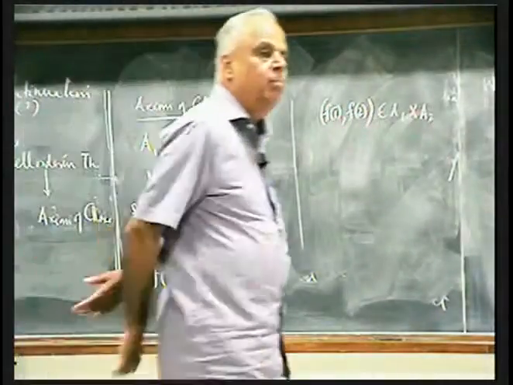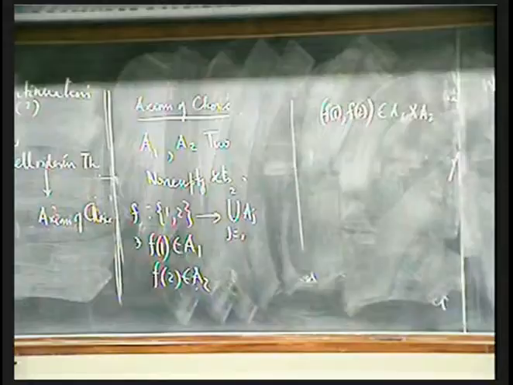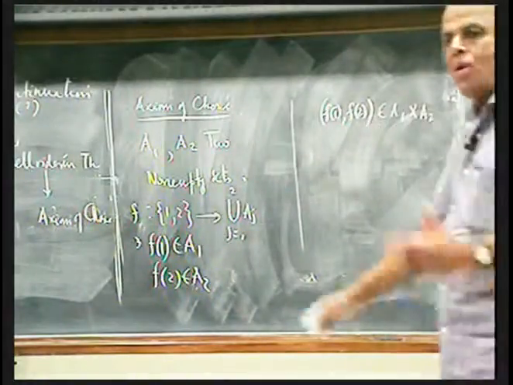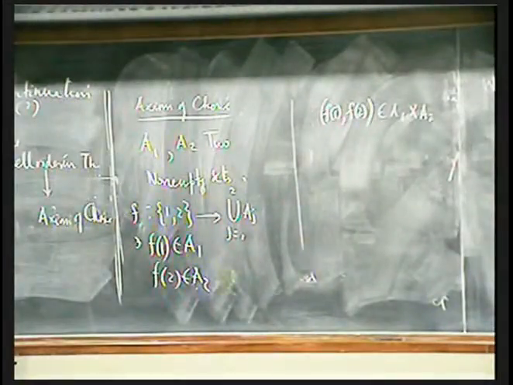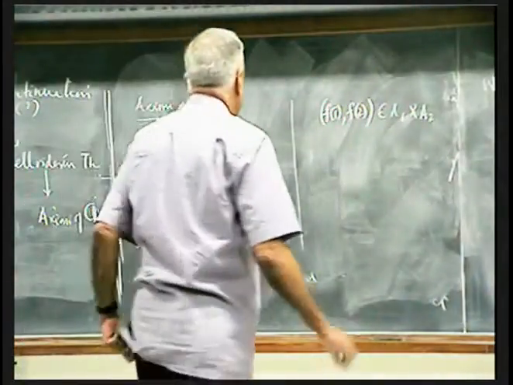In general, given any collection of non-empty sets, any element of the Cartesian product is actually a choice function, a function from the index set to the union so that f of alpha is A alpha.